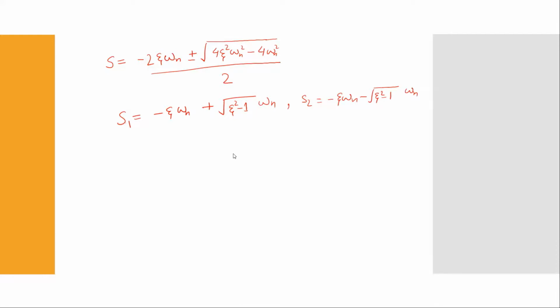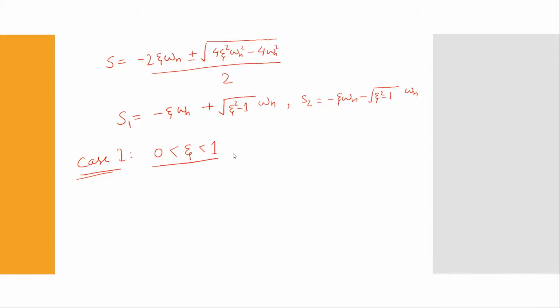Now we will have some cases here. So case 1, the first case, we will say that if xi is greater than 0 and less than 1, this is the criterion, then we know that the roots would be imaginary.